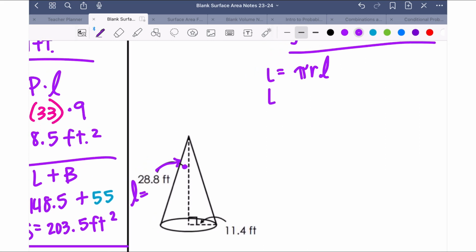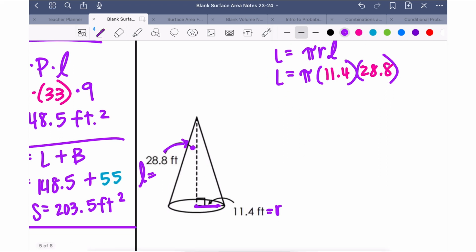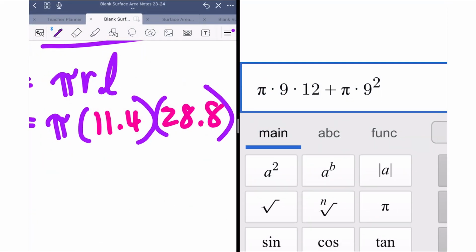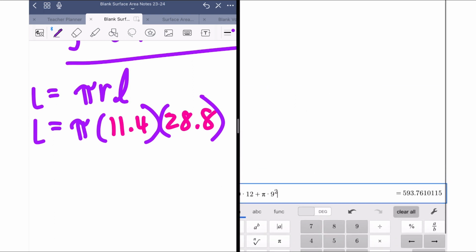All right. So look at your picture. What's the radius? Right here. 11.4 is the radius. Okay, and what's your slanted height? 28.8. Okay, so write it down while I start typing it in the calculator and seeing what we get.